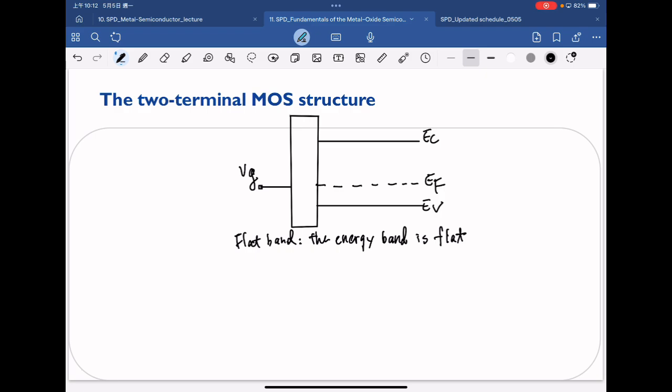And as we know, if there's no band bending, if the band is flat, that indicates that no charge exists in the semiconductor.